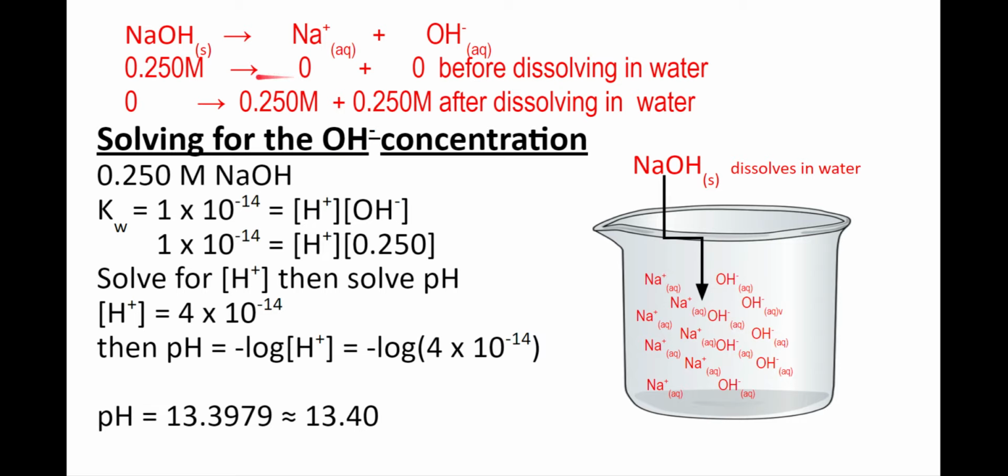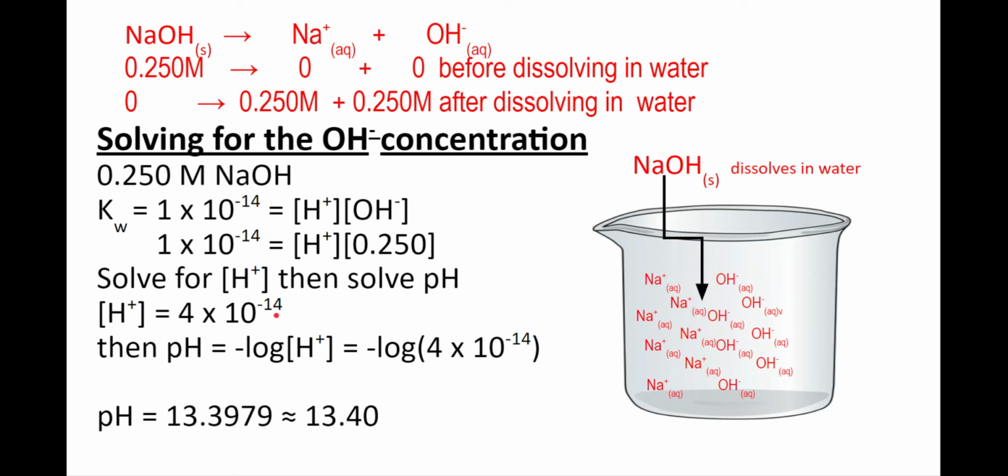So I'm going to take this 0.25 molar concentration of hydroxide and put it into my Kw equation right here, solving for the hydrogen ion concentration. If I plug that into my calculator, as I did in the previous slide, I get the concentration of hydrogen ions as 4 times 10 to the minus 14th.